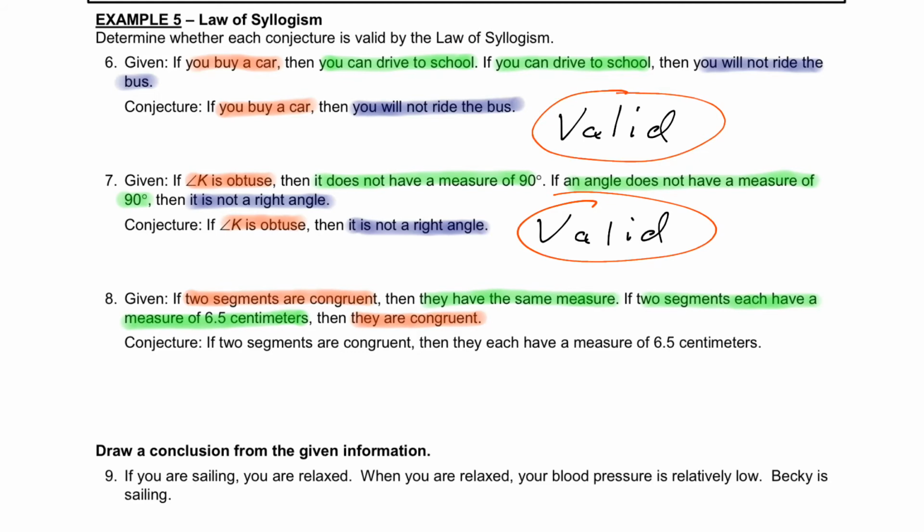And that is not the correct structure. So if you're looking at how I highlighted the other ones, this one right here, that should have been blue. All right? That should have not been the same as the if part of the first statement.